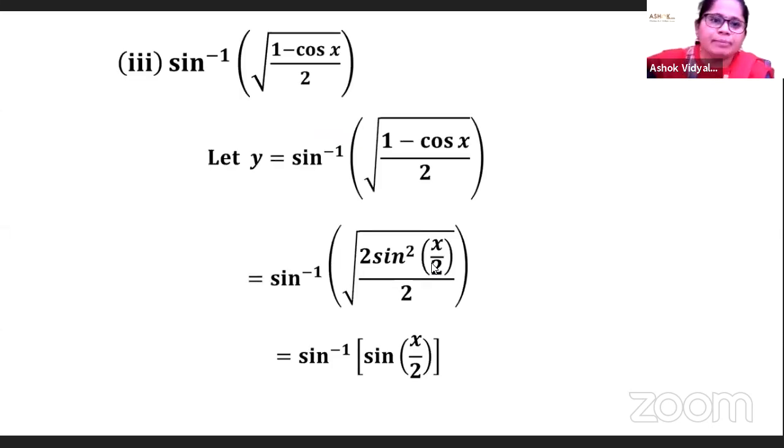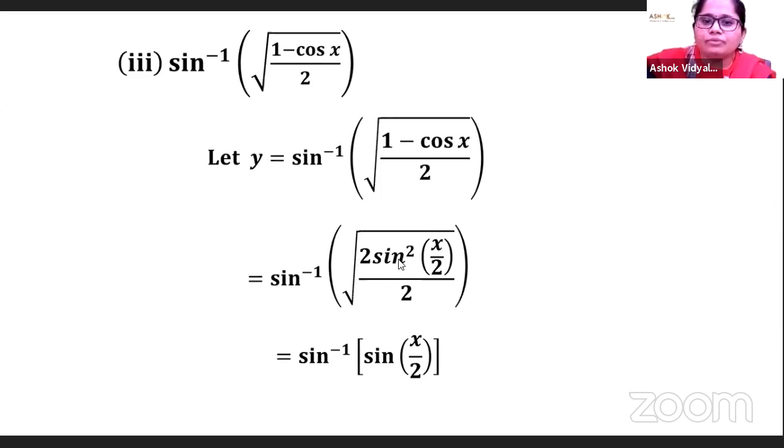Now, the next example is sin⁻¹ of under root (1 − cos x)/2. Let y = sin⁻¹ of under root (1 − cos x)/2, and we write here the formula for 1 − cos x as 2 sin²(x/2), and the 2 gets cancelled.